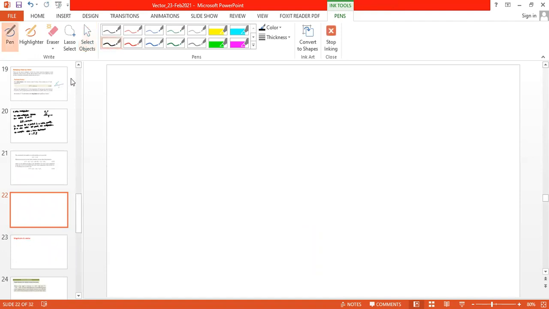So let's say we start with the multiplication of two vectors. It should be dot multiplication or scalar multiplication of unit vectors.